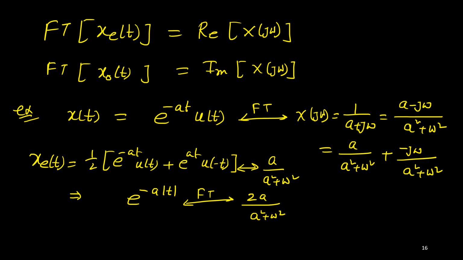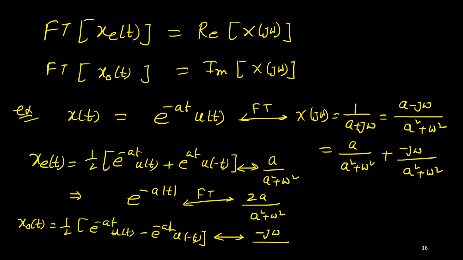Similarly, x_o(t) is half of e to the power minus at u(t) minus e to the power at u(−t). Its Fourier transform should be simply the imaginary part, minus jω upon a square plus ω square. So that also we have got.